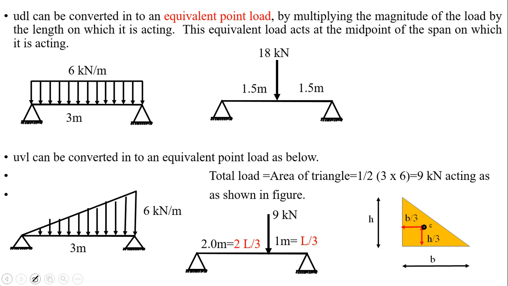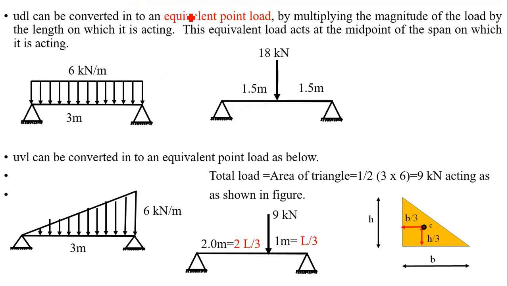Therefore we have to convert this uniformly distributed load UDL and uniformly varying load UVL into an equivalent point load for simplification or for analysis purposes. Let's see how it is to be done.